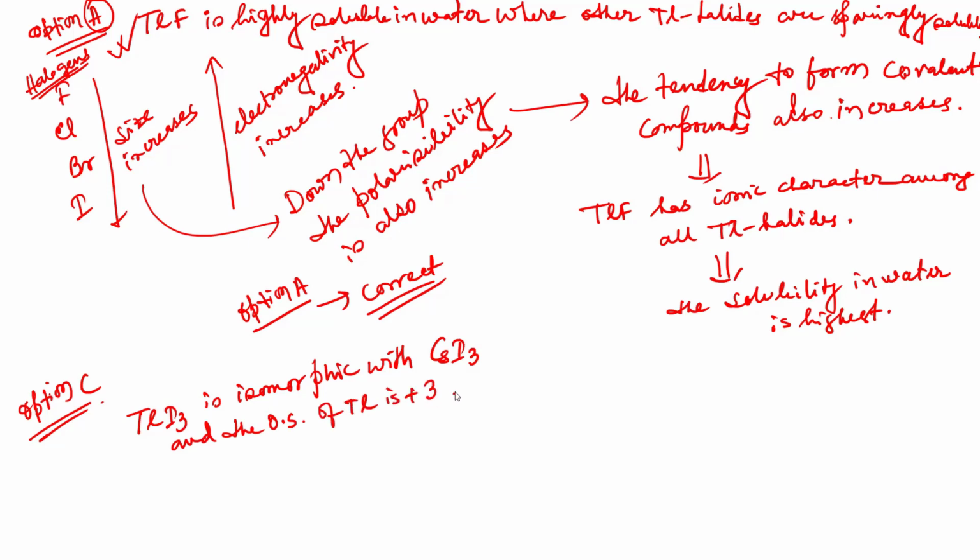Yes, the oxidation state of thallium in TlI3 is +3. But there is another factor. You can see the compound CsI3. Cesium is a group 1 metal.